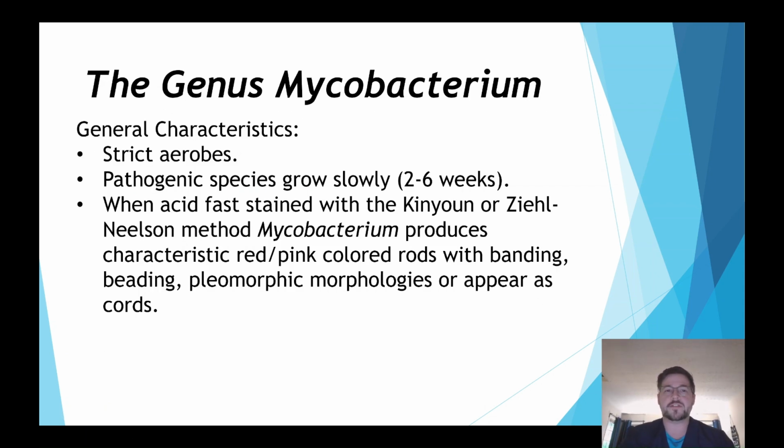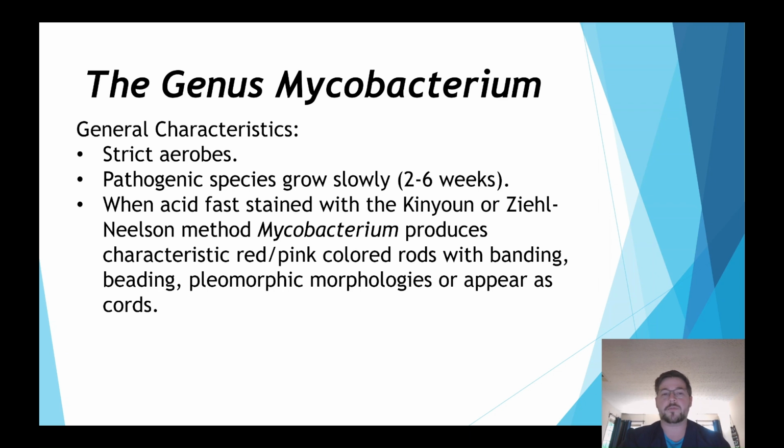Some general characteristics of the genus Mycobacterium include that they are strict aerobes. The pathogenic species tend to grow more slowly. Some examples of that are Mycobacterium tuberculosis and Mycobacterium avium complex. The rapid growing species tend to be less pathogenic or only sometimes pathogenic.